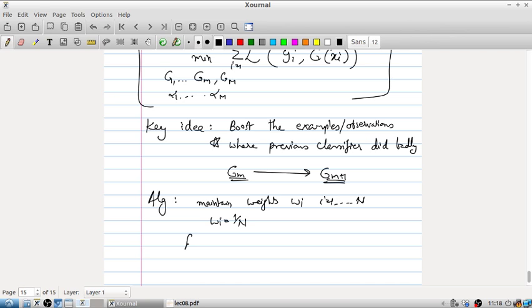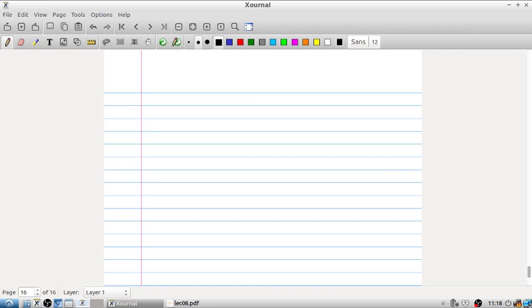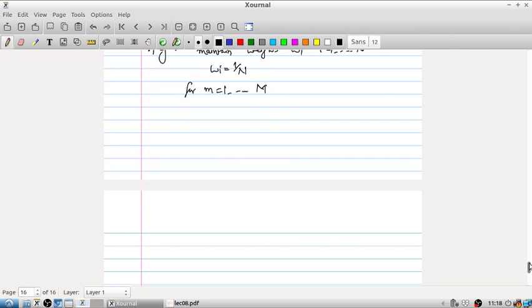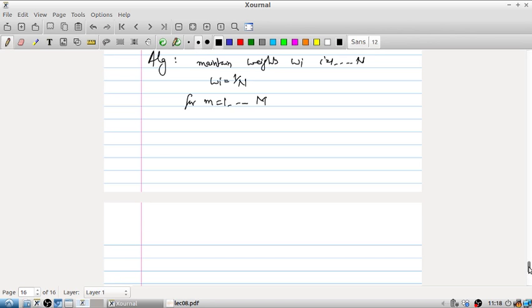Then for m equal to 1 to capital M, so I want to have ultimately a sum of M classifiers. First thing, fit Gm given data and weights.